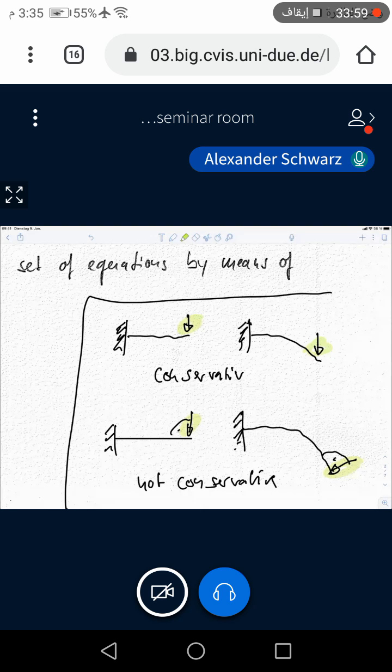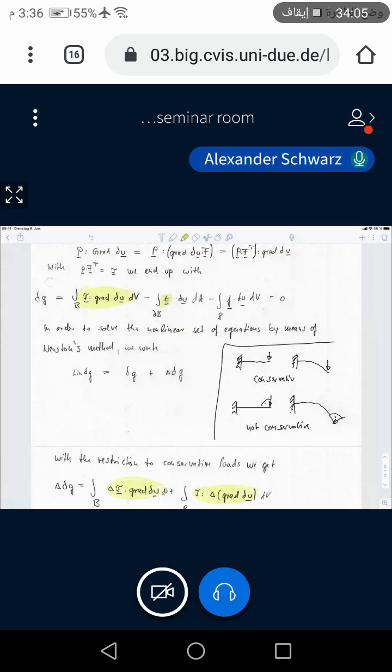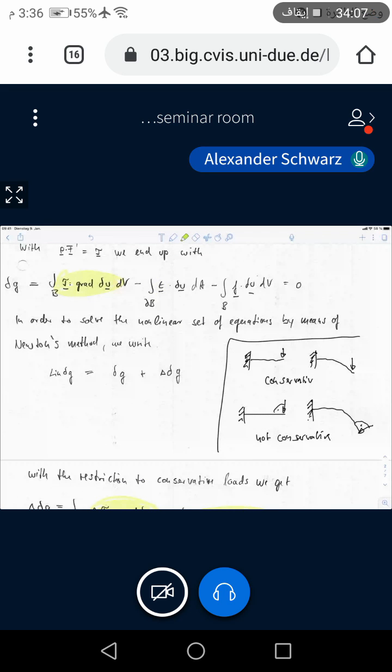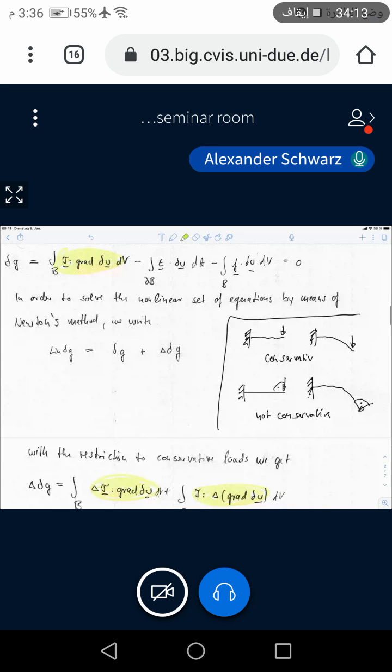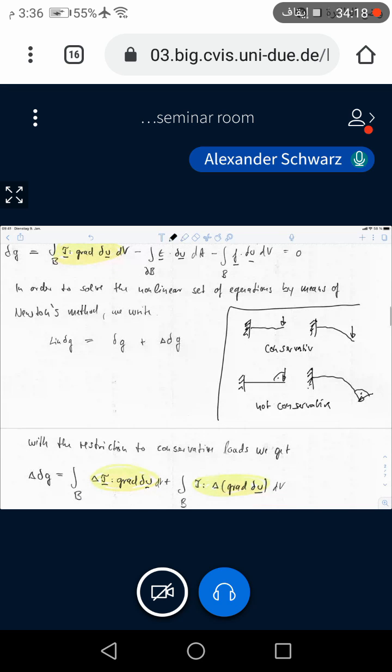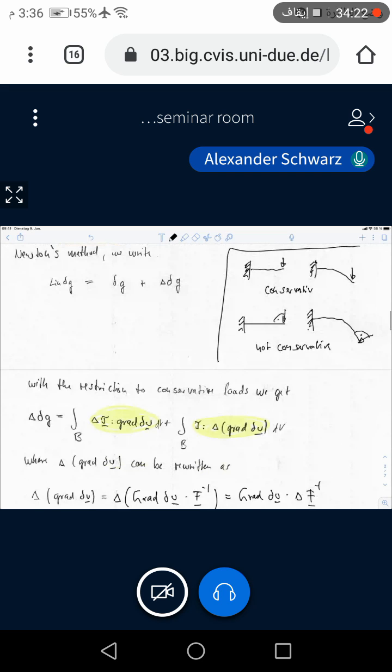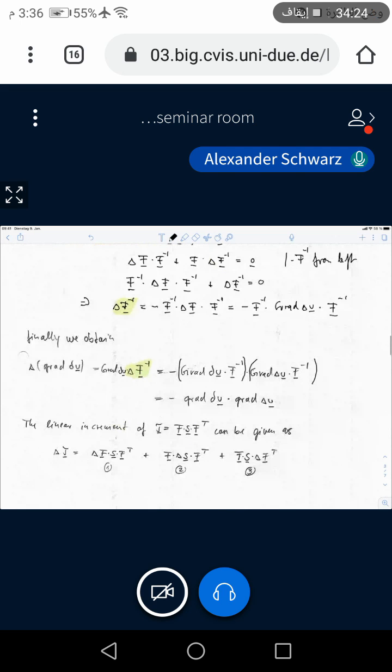The load has changed its direction, so it depends on displacements, and therefore it is non-conservative, and we have to linearize it. If we use the first case, we do not have to take into account the part in the middle, and so we have only the yellow term for the linearization. I hope that is clear.